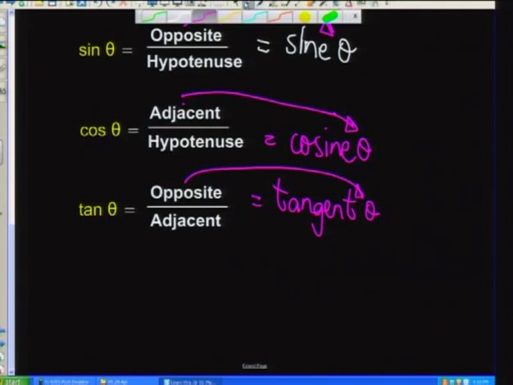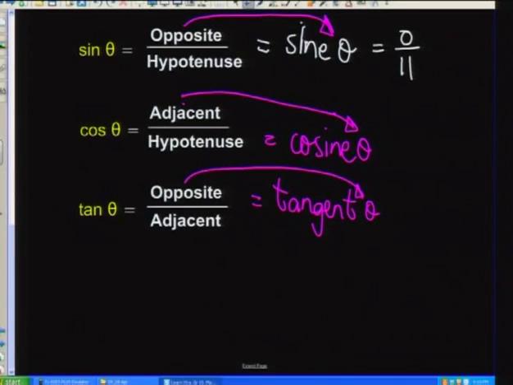So if we had to write this as opposite over hypotenuse, this one as adjacent over hypotenuse, and this one as opposite over adjacent, and just taking the fractions made up of just the first letters of the ratios. So I've just chosen the opposite over hypotenuse, the adjacent over hypotenuse, the opposite over adjacent.